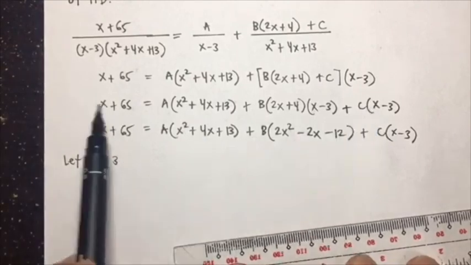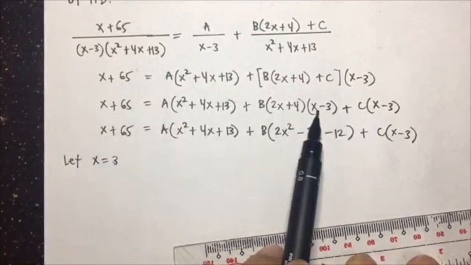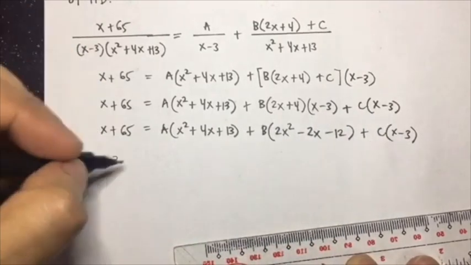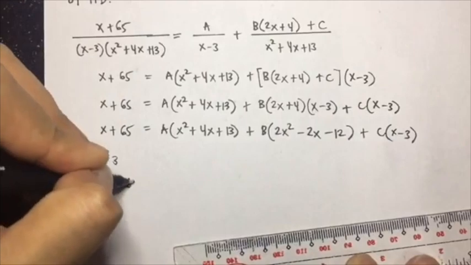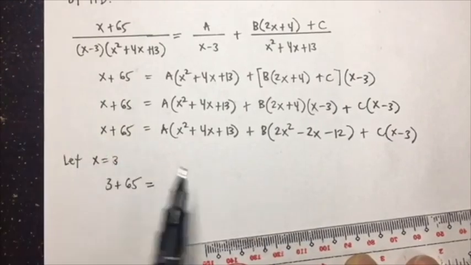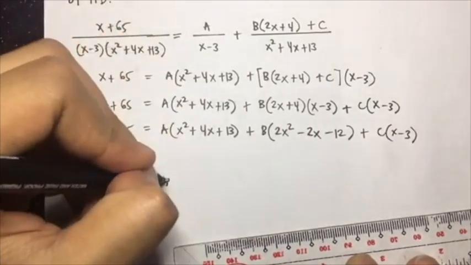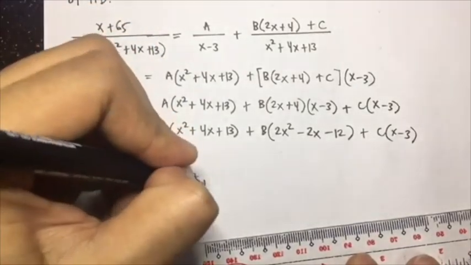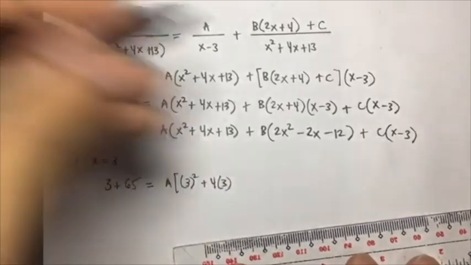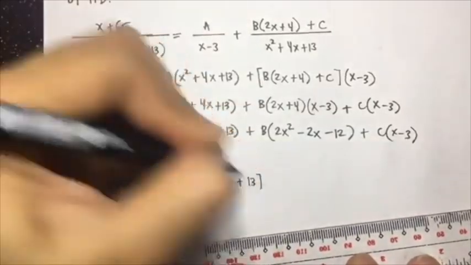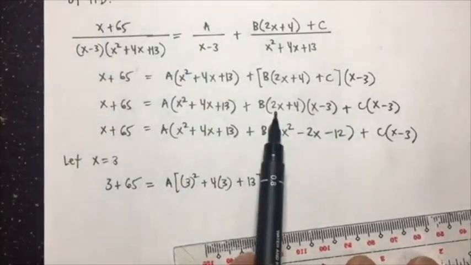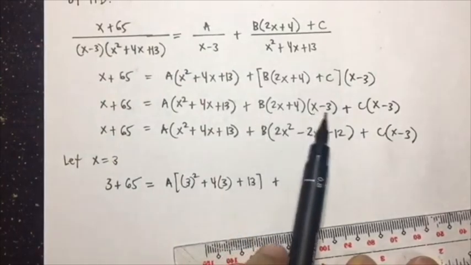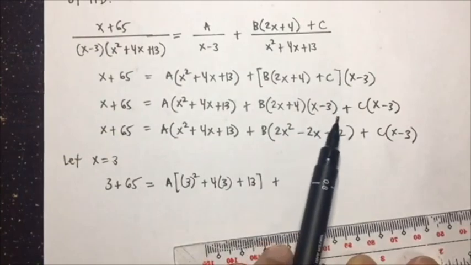We can substitute it here in the second one because we have x minus 3 and x minus 3, so later on this will become 0. So 3 plus 65 is equal to, substituting here, a times 3 squared plus 4 times 3 plus 13, plus, as you can see, the unknown b will have a coefficient of 3 minus 3, which is equal to 0.